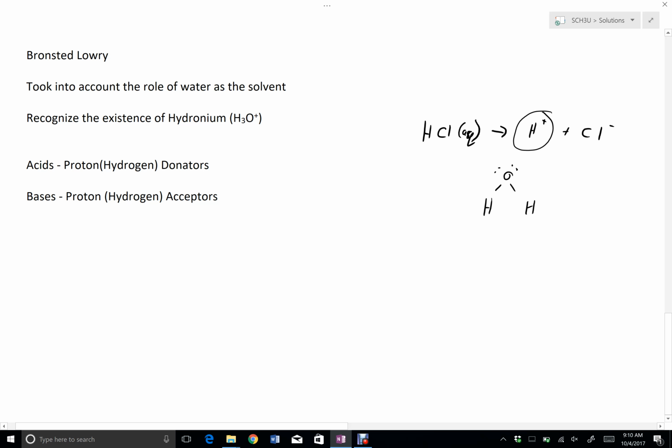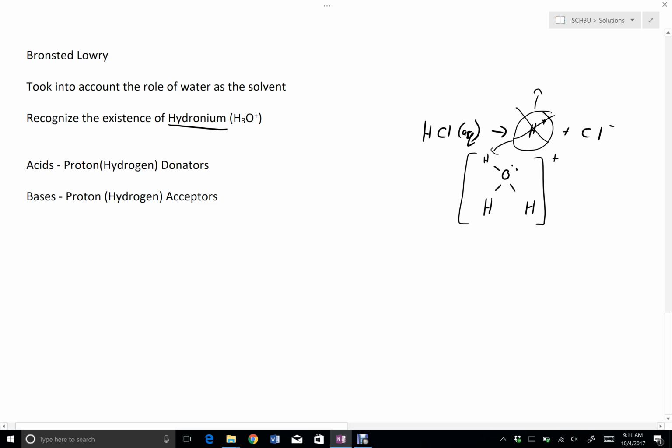and it will actually covalently bond onto one of the spots with the water and form the polyatomic ion hydronium. So H+ doesn't exist on its own in water, but instead it takes on this bonding site on a water molecule and forms hydronium, this polyatomic.